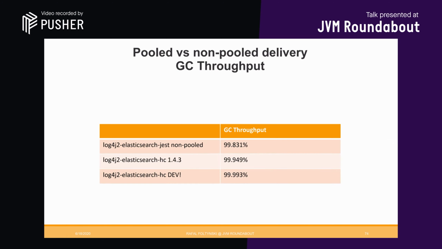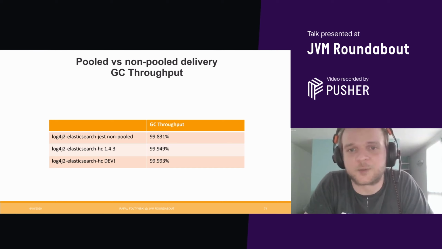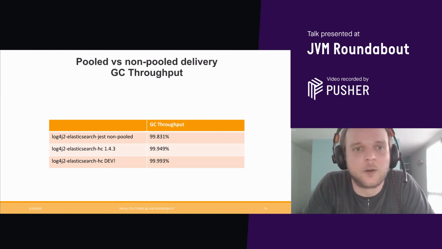Also, the GC throughput got much better. The GC throughput indicates how much time is spent to do the actual business work. The higher the GC throughput, the more work your application is actually doing outside of GC, which means that Jest was spending a lot of time over there.